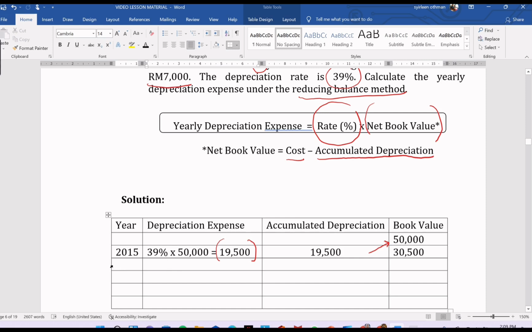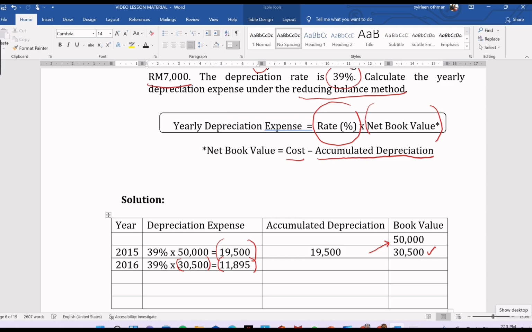So for the year 2016, you will take that 39%. We are still using the same percentage, but we will multiply with the net book value, that is 30,500 ringgit. So that gives us the depreciation expense for the year 2016 is 11,895 because the net book value is different.